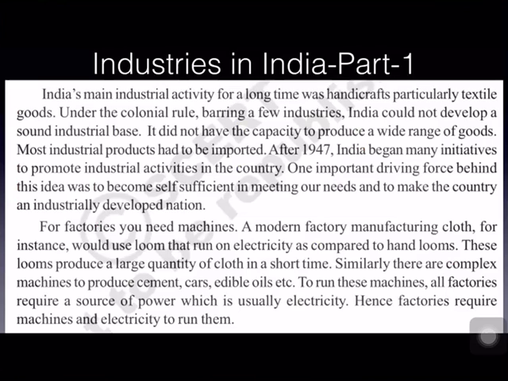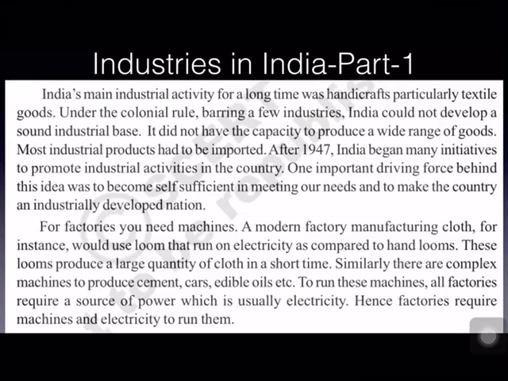To increase production, we need to provide irrigation facilities. Electricity was also generated by these multi-purpose projects, and this electricity was used by the industries. Thus, simultaneously, industries were also developed in India from the time of the start of the 5-year plans.